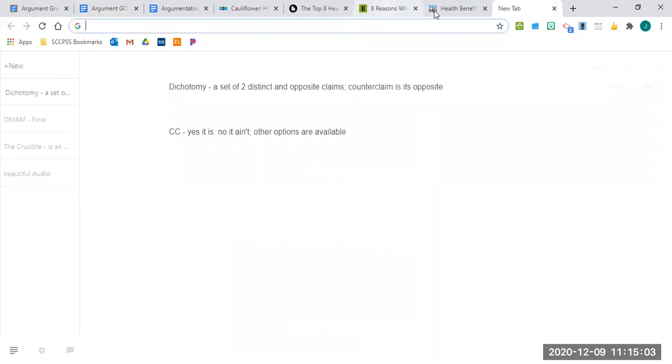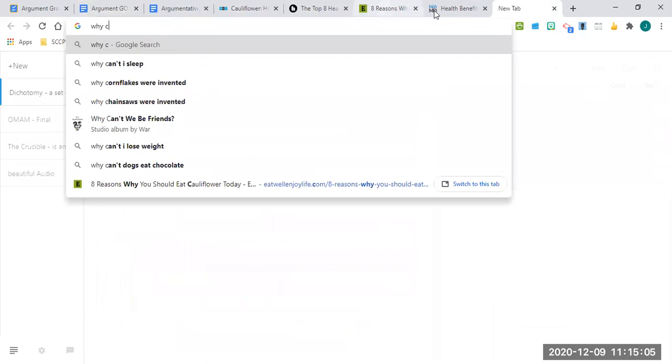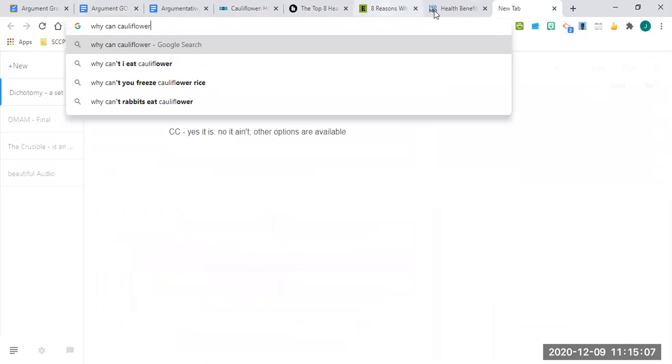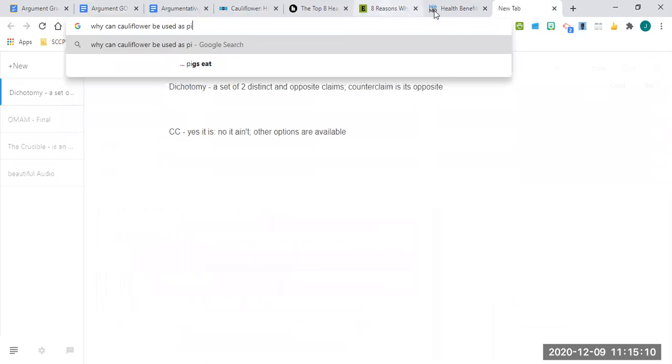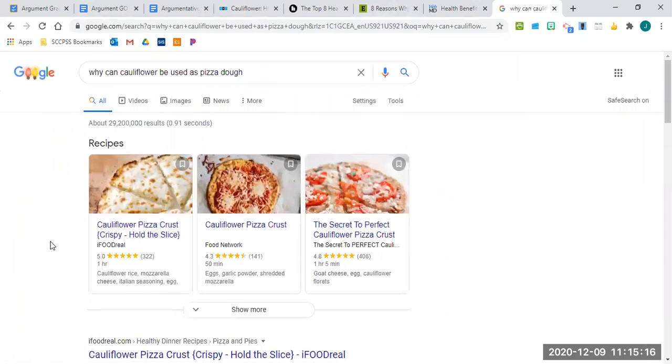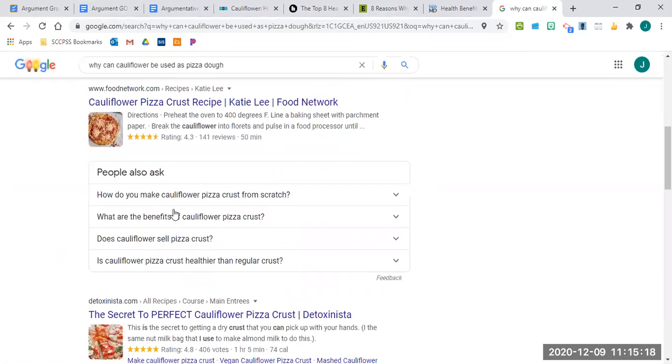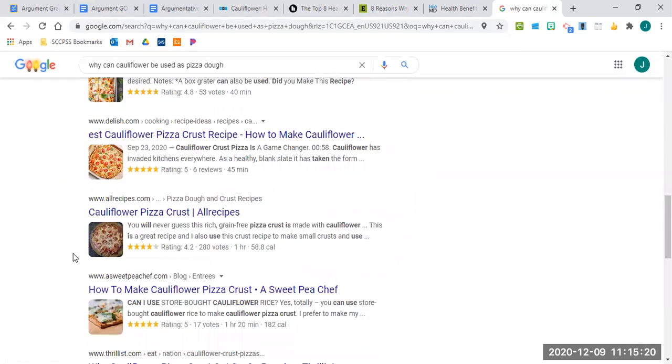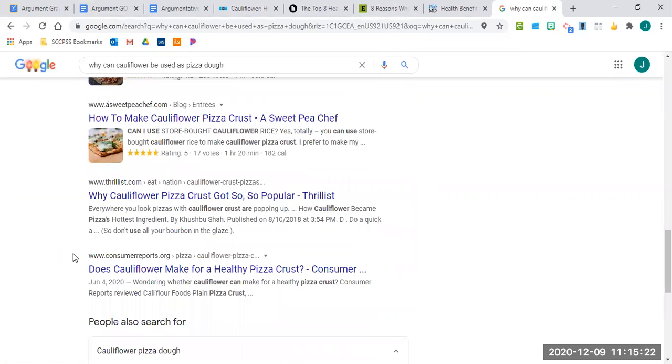What if we talk about pizza? Why can cauliflower be used as pizza? So, recipes. God, now I want pizza. Why cauliflower crust got so popular? Very good.